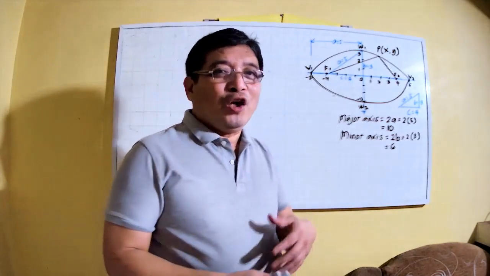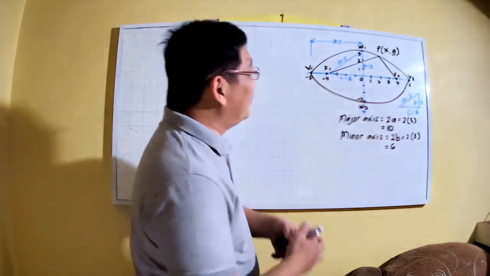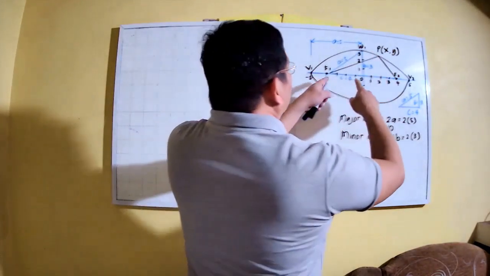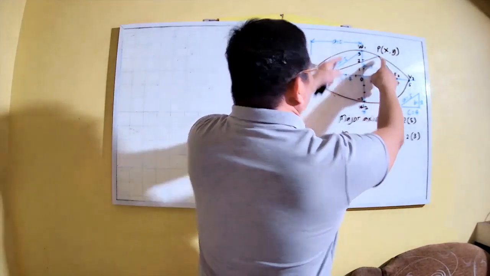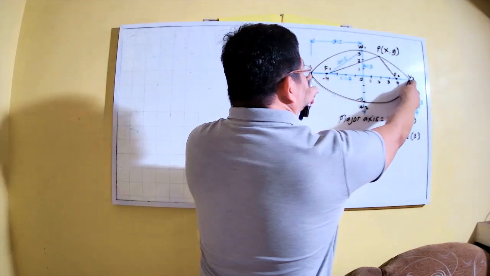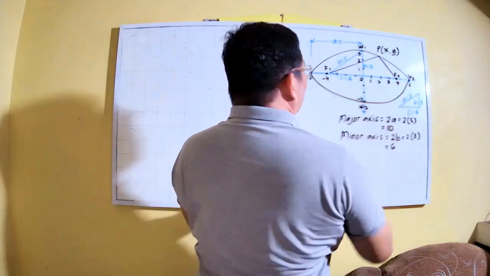Now let's try to find the equation of this ellipse. Now what are we going to do? We're going to look for one of the property that this distance plus this distance is equals to 2A, or is equals to 10, because 2A is equals to 10.